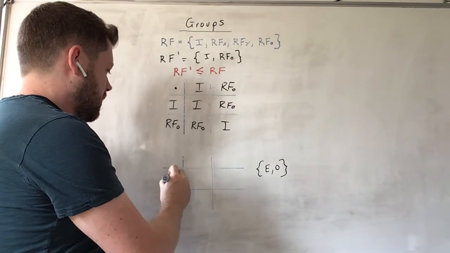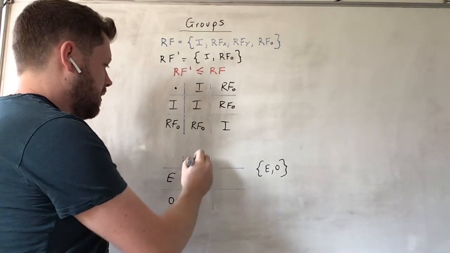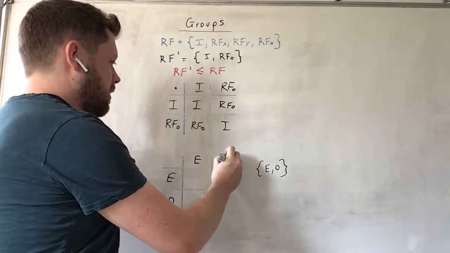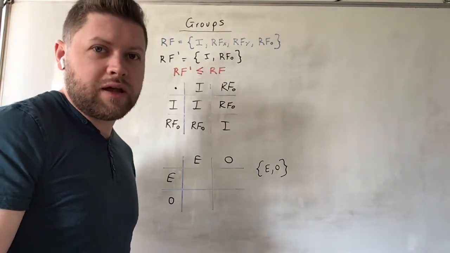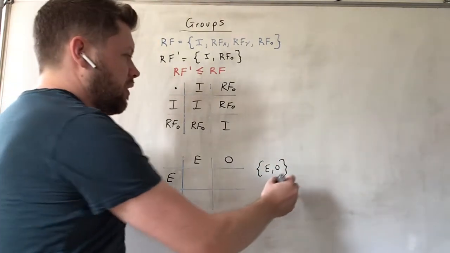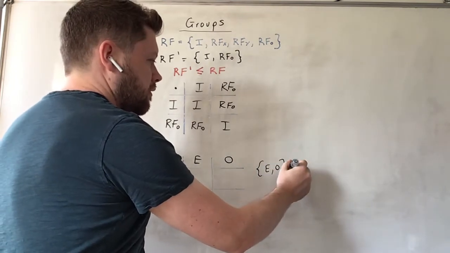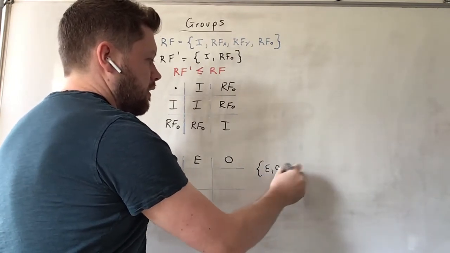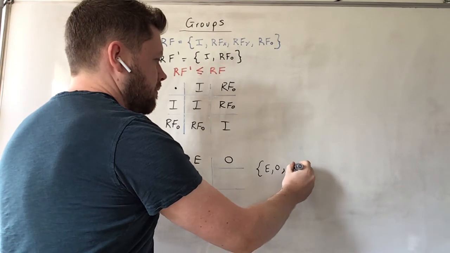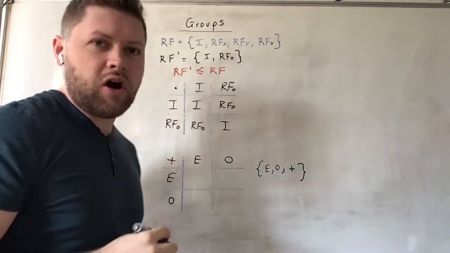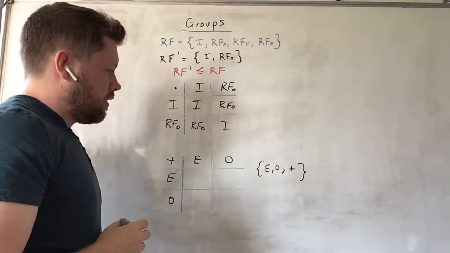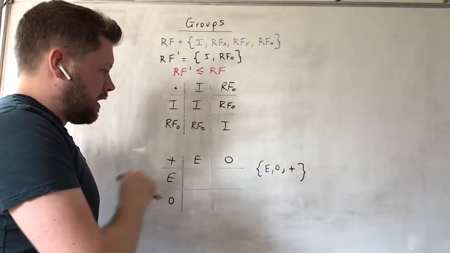In this case, it's still called a multiplication table, but you can see why it's maybe better to call it the Cayley table, because the operator I'm going to take is addition. So let's do out the Cayley table.